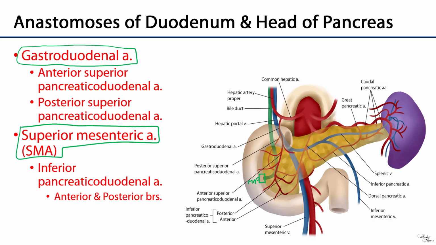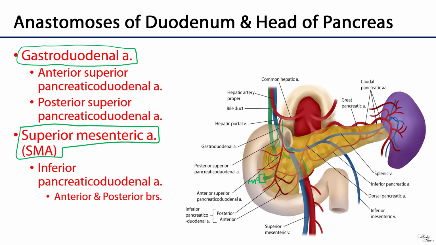So here's the gastroduodenal artery coming off of the common hepatic. Here we can see the posterior superior pancreatico-duodenal artery descending down, supplying the duodenum and the head of the pancreas. We can also see the anterior superior pancreatico-duodenal artery coming down as well. Here is the right gastro-omental. The SMA is here, so that's running just along that point, just behind the neck of the pancreas.